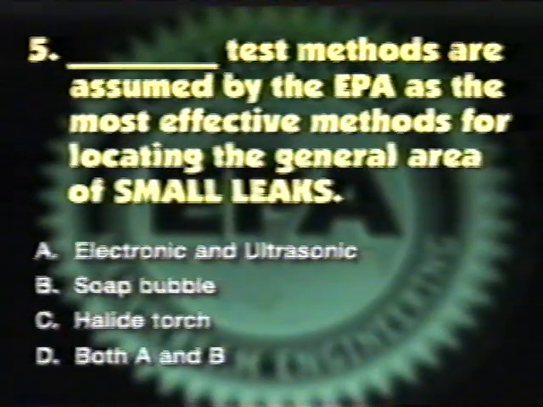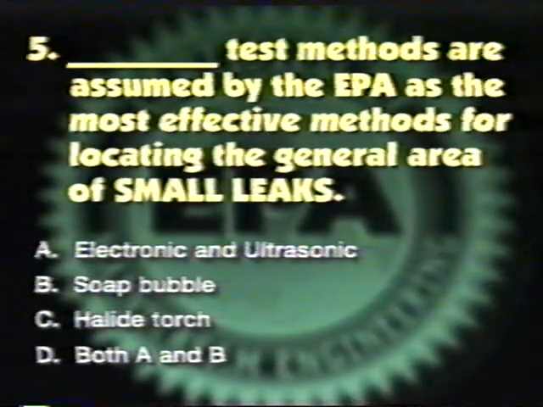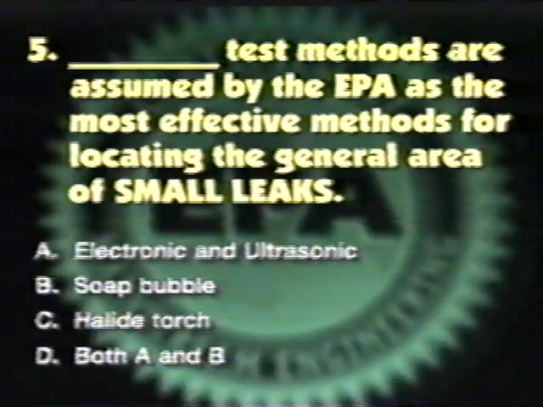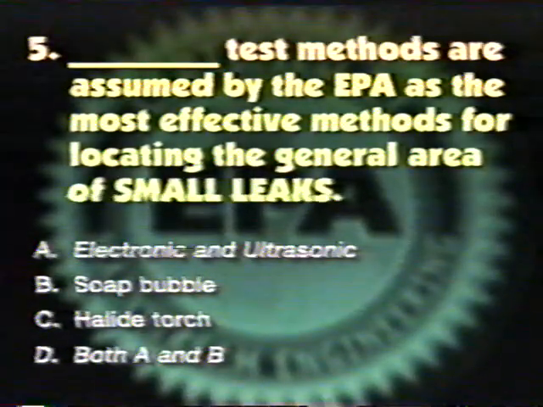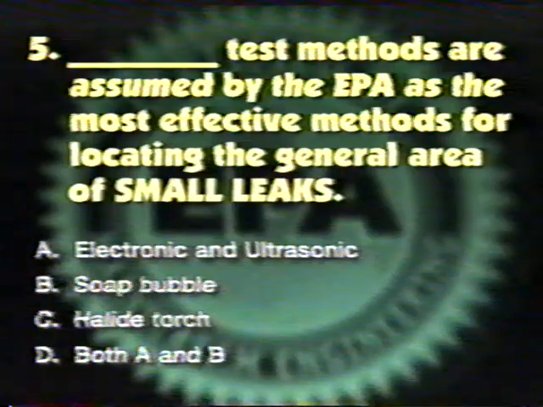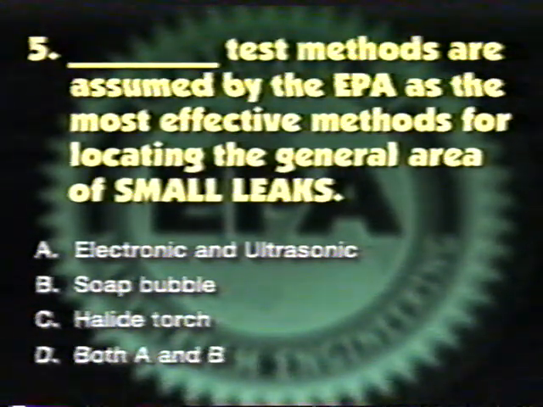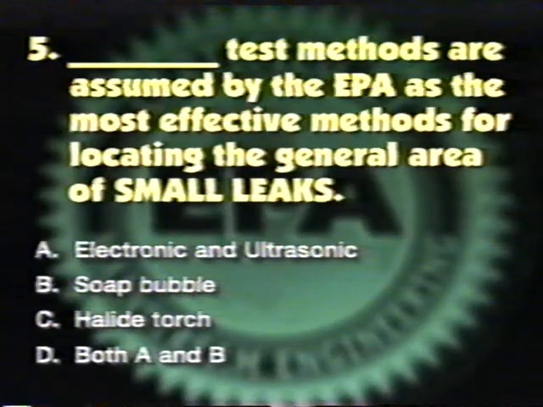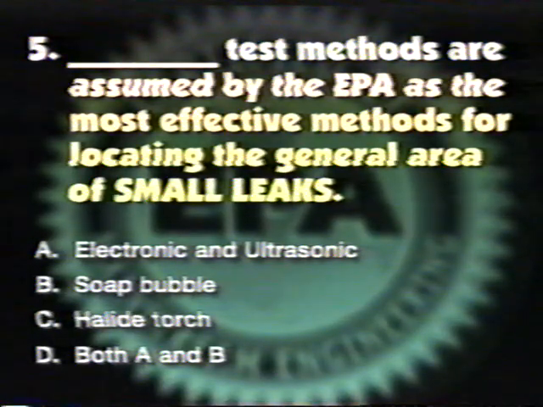Which of the following test methods are assumed by the EPA as the most effective methods for locating the general area of small leaks? A. Electronic and ultrasonic. B. Soap bubble. C. Halide torch.